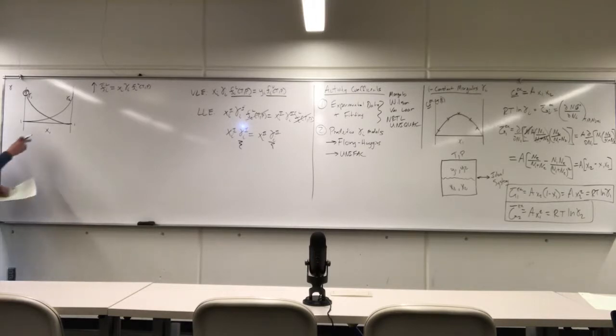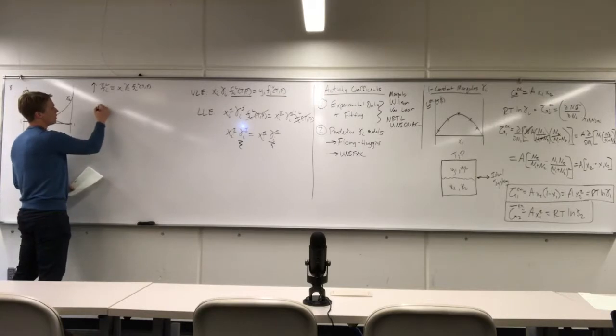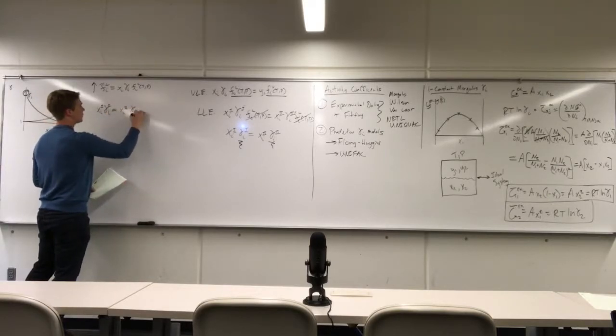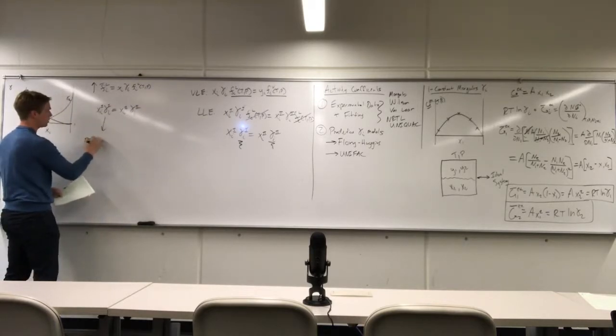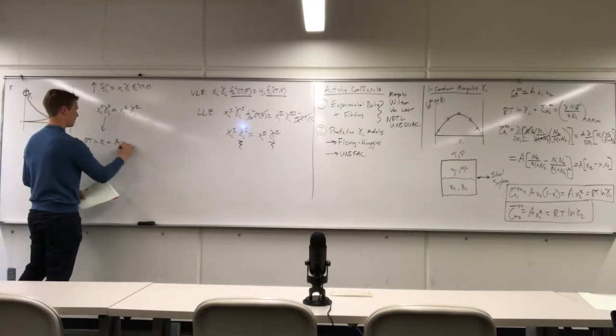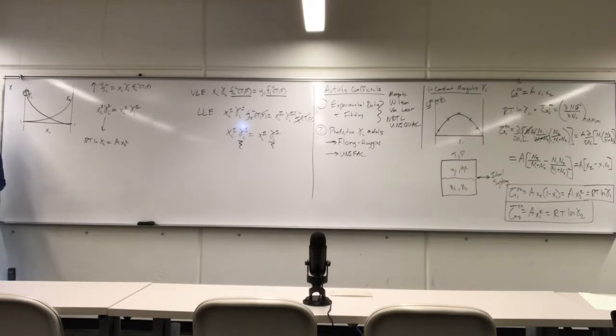Now in the case of liquid-liquid equilibrium, how we would solve this is we would have effectively these two. And into this expression, we would substitute our activity coefficient model.